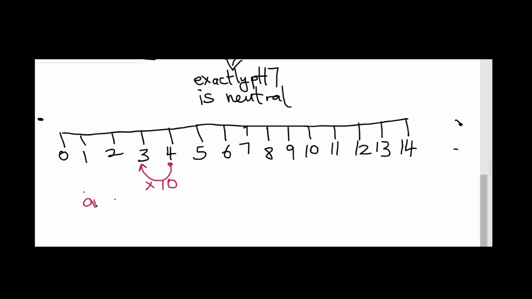So an acid of pH 3 is 10 times greater or 10 times more acidic. I would rather use the word more acidic.